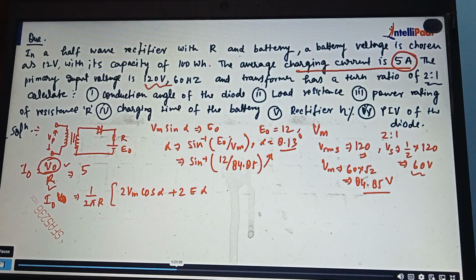So 2 Vm cos alpha plus 2 E alpha minus pi E, E naught or E, whatever you like to call it. So can you calculate I naught now?